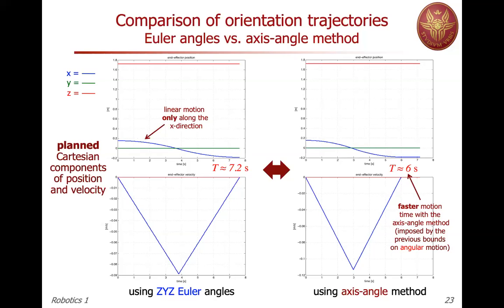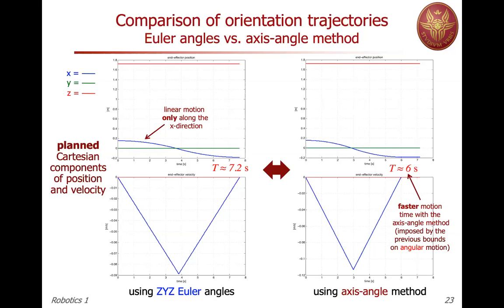Of course, if you play around with those bounds, so V max, A max, something on omega max and on omega dot max, so linear and angular velocities, linear and angular acceleration as a scalar, of course you may end up with other solutions.